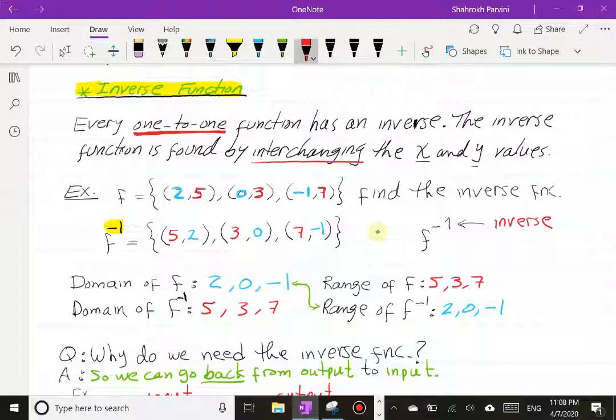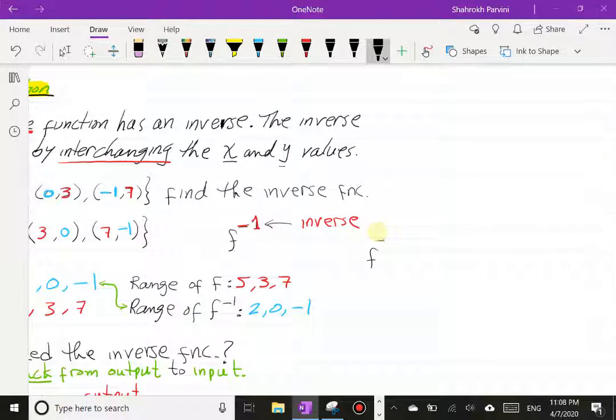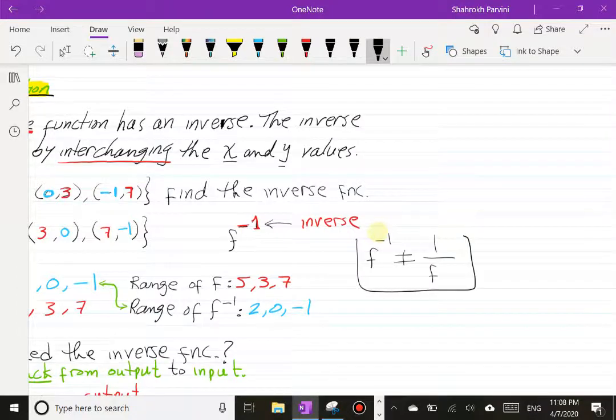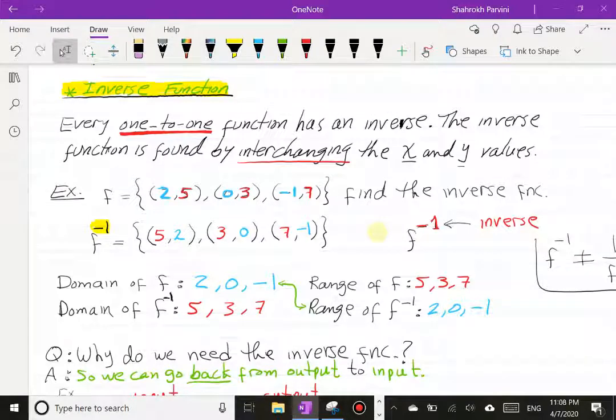So please do not confuse this with a negative exponent. When we write f inverse, we do not mean 1 over f. We're not thinking of a negative exponent rule. It is a poor choice of notation, but it is what it is. Again, all textbooks use that notation.